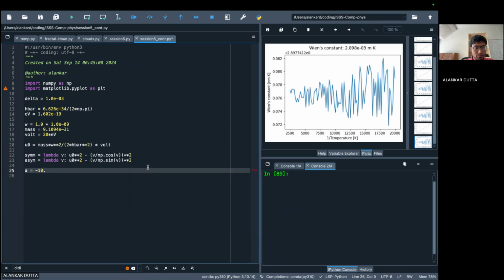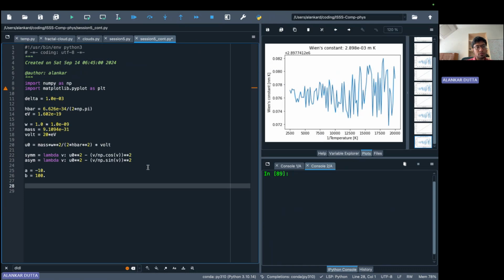Choose B equal to 100. And we are looking for solutions within this, right? So let's try to put these values and see what happens.